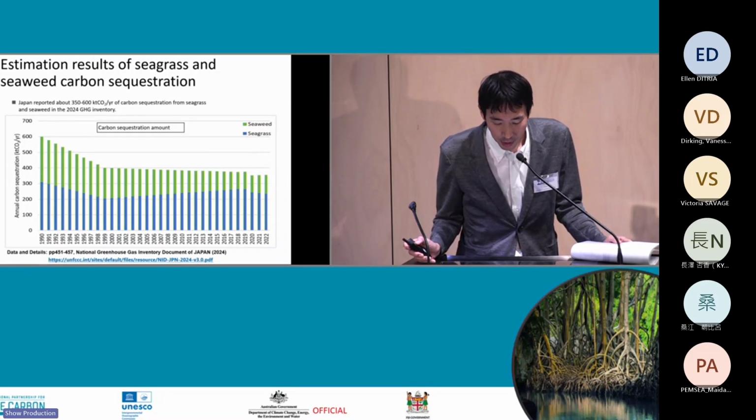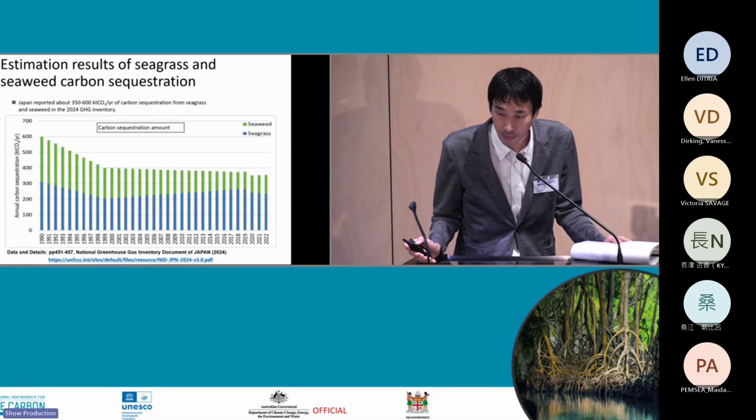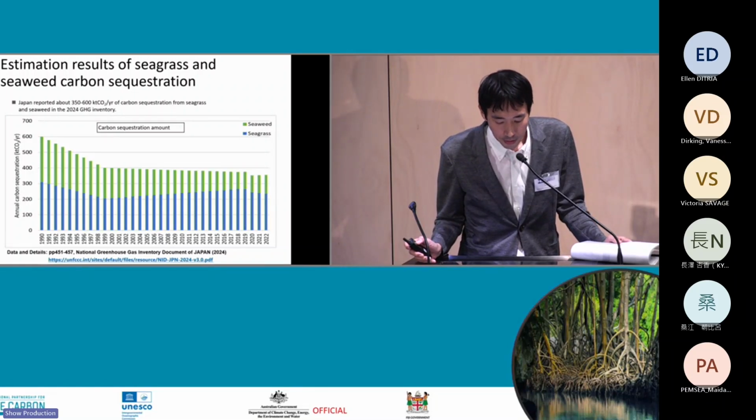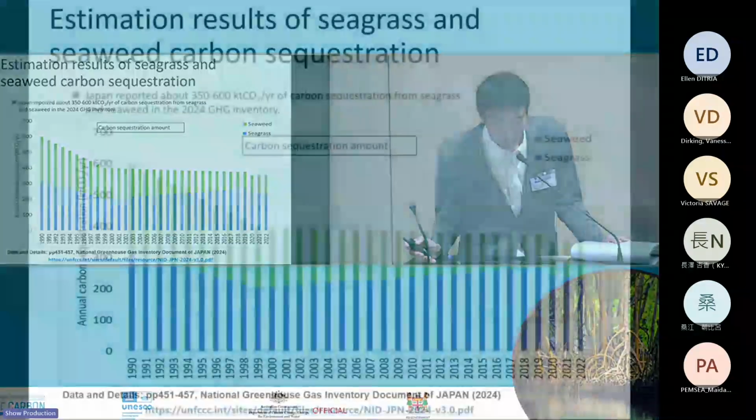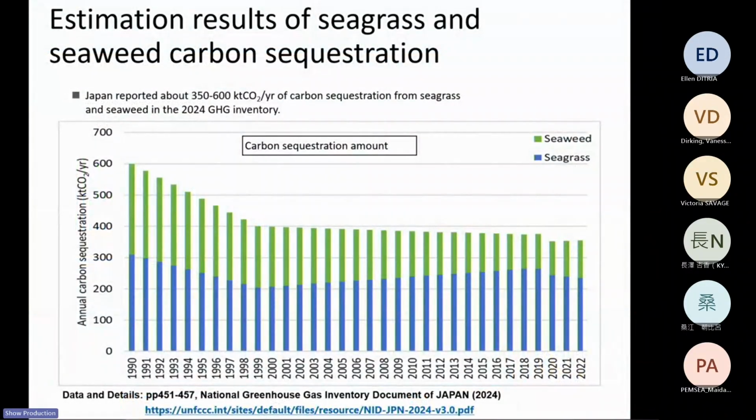Finally, this is our result as a time series. In 2022, about 350,000 tons per year were fixed as blue carbon. On average, 6 tons of carbon are sequestered annually by 1 hectare of seagrass, and 1 ton of carbon dioxide was fixed by 1 hectare of seaweed.